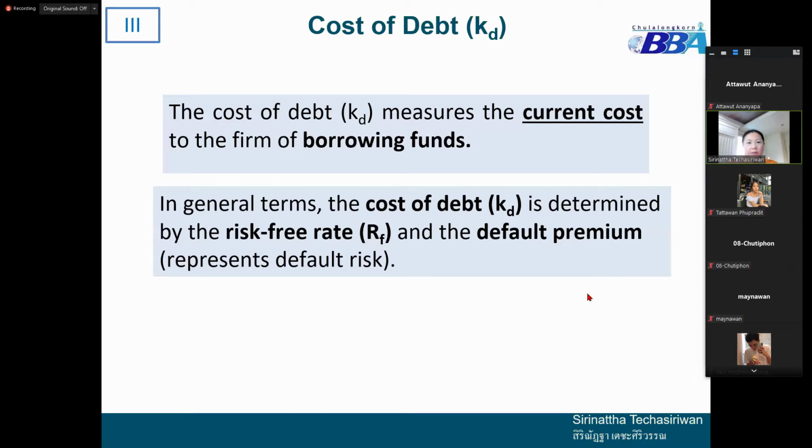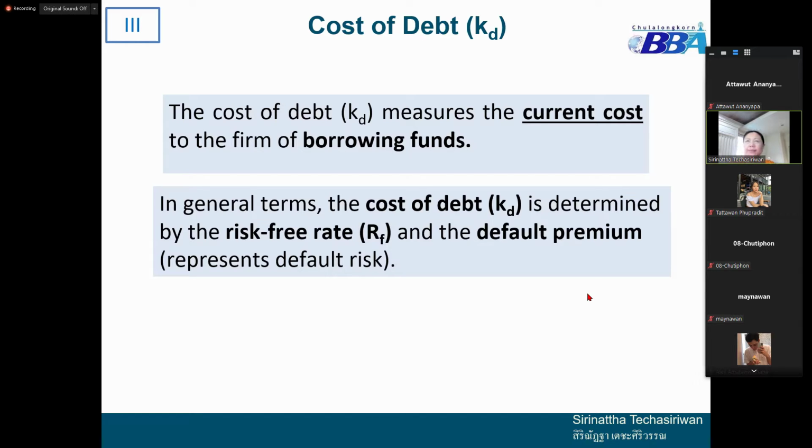For the cost of debt, the first point I want to highlight is that the cost of debt is the current cost. Current cost means if a company wants to borrow now, what will be the cost?